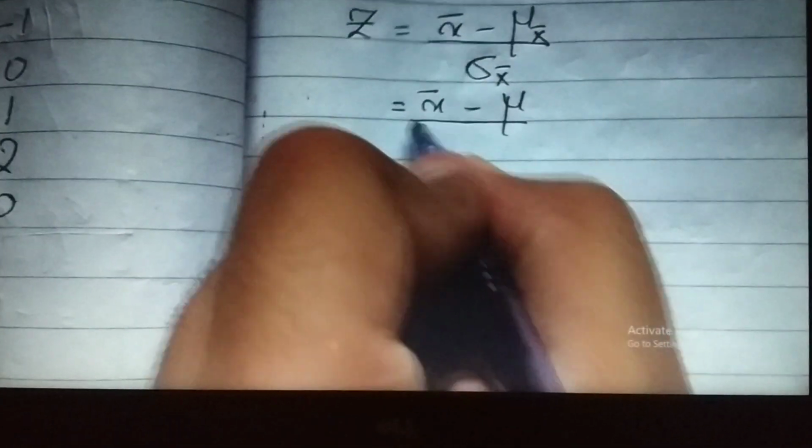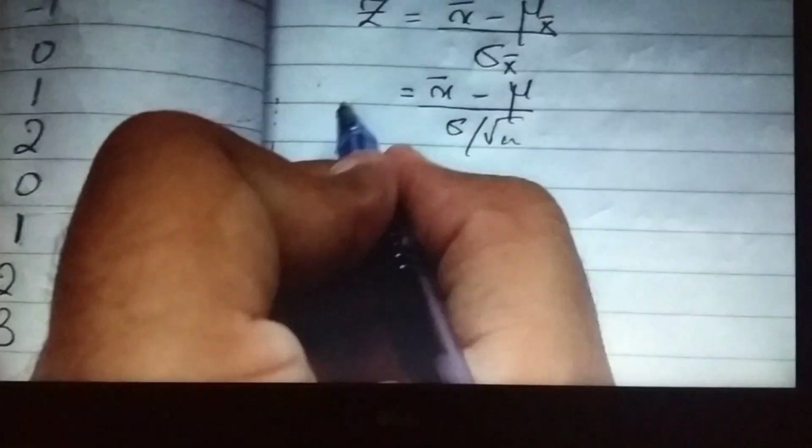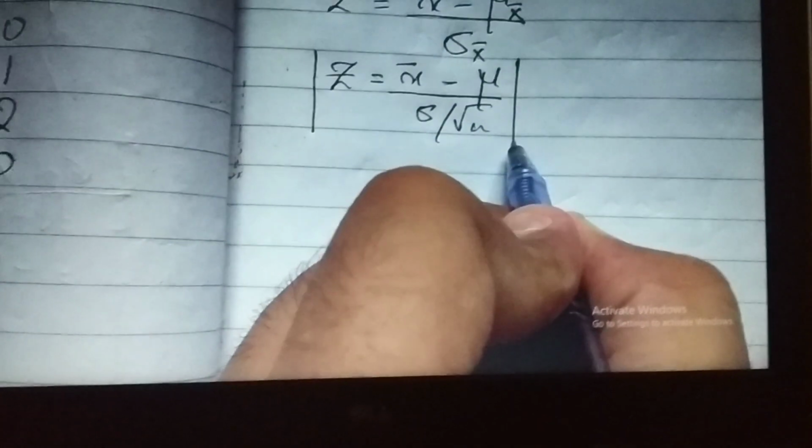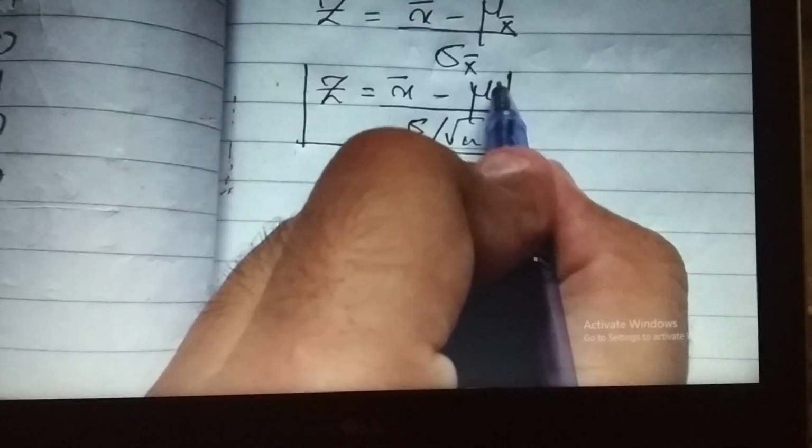Since mu x bar equals mu and sigma x bar equals sigma upon root n, the formula for sampling is z equals x bar minus mu divided by sigma upon root n.